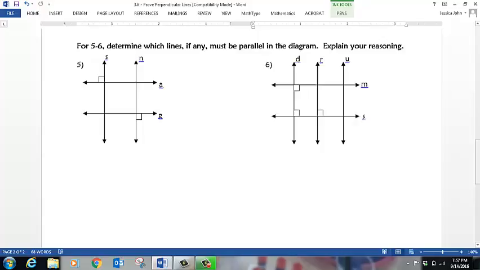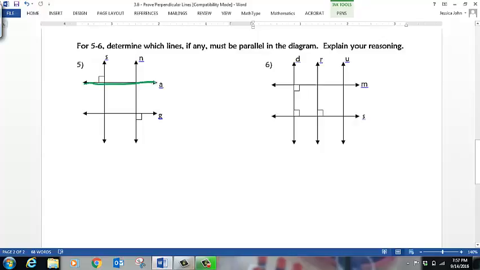Okay, so when you're trying to determine if any lines are parallel, this is when you want to look for those special angle relationships where you're looking at alternate interior angles being congruent, corresponding angles being congruent. You're looking for one of those 5 sets that we've been talking about this week. So sometimes the best way to do this is to actually just focus on 2 lines that look to be parallel and then pick a transversal.